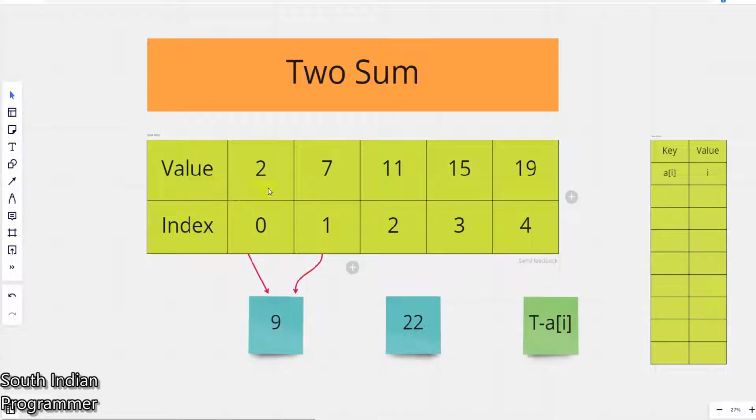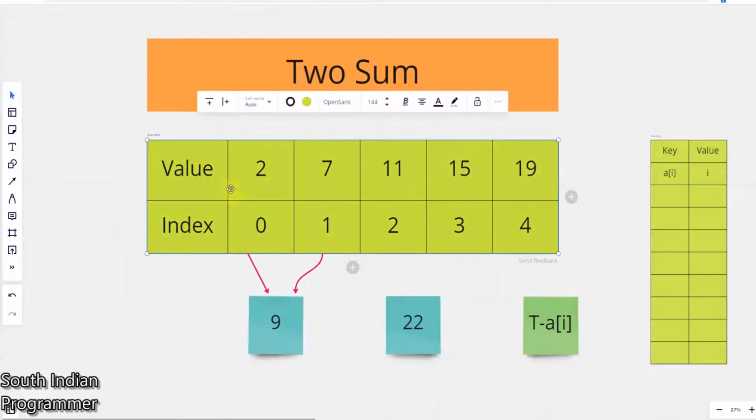In this example, if you add the numbers 2 and 7, you can make 9. So what you have to print is the indices 0 and 1. So how do we do this? Before that, this array has some properties.